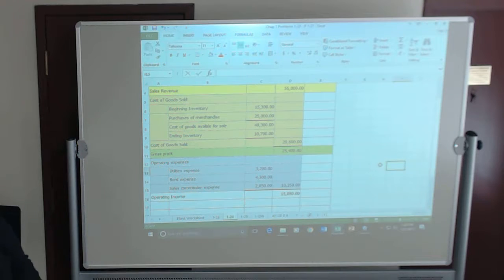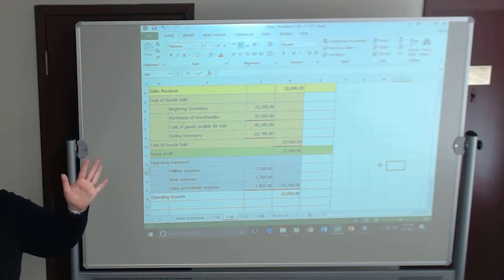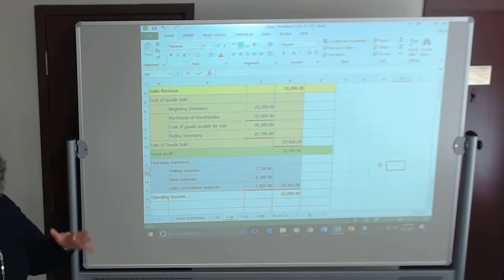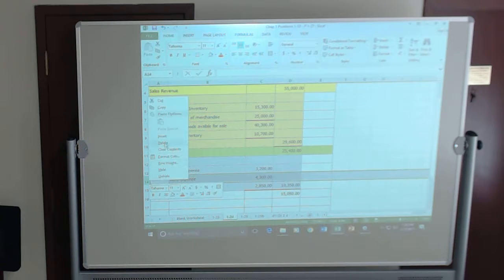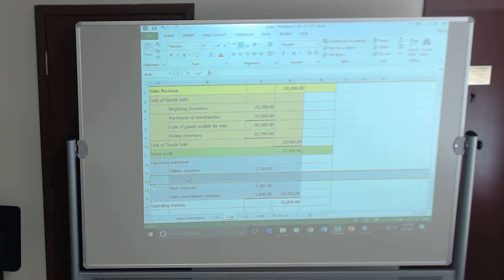Let's say all of a sudden he says, oh my gosh, I need stickers for all my cans. I need paper for people to write stuff down. If that was the case, there would be another line item in here that would say office expense, office supplies.